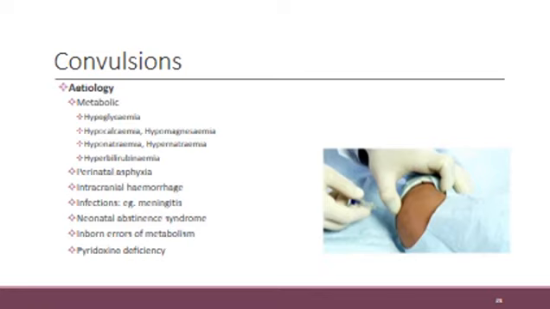not addressed. Hypocalcemia and hypomagnesemia are associated with babies of diabetics and with patients with hypoxic ischemic encephalopathy. Hypo and hypernatremia can lead to convulsions, and then hyperbilirubinemia, where kernicterus or encephalopathy occurs, can lead to convulsions as well.